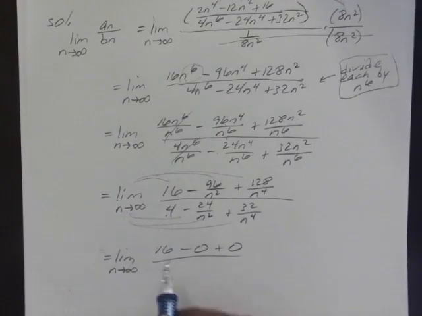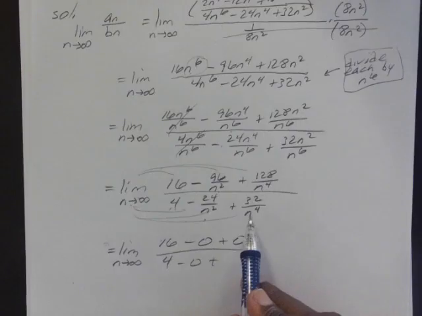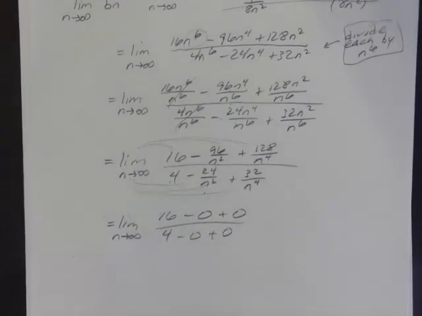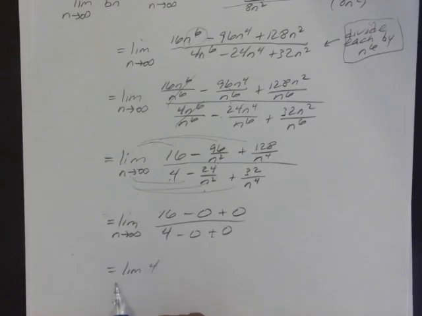Divided by the limit of 4, which is 4. Here, the limit of a constant divided by a number getting bigger and bigger is still going to be 0. Plus a constant divided by an infinitely bigger number is just going to be 0. So we have the limit of 16 divided by 4, which is just the limit of 4, which is 4.